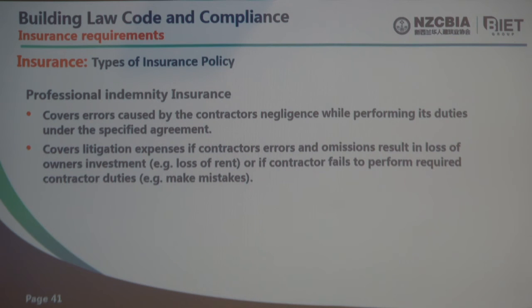And it covers litigation, so you're going to be sued, lawyers, you know. What do lawyers' rates start at? I don't know, start at $500 an hour. Not very expensive. So you've got to defend yourself in court. So professional indemnity will cover your legal costs.